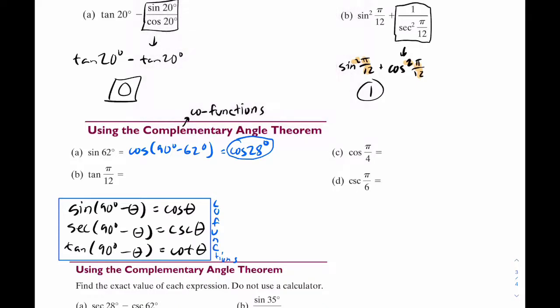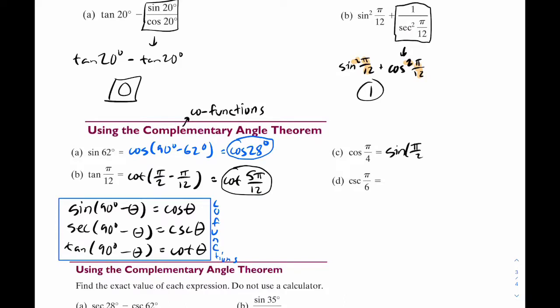The next one, tan. The cofunction for tan is cotan. And instead of 90, we're going to use pi over 2 because we're in radians. So just do pi over 2 minus pi over 12. That is 5 pi over 12. Next part, cosine. We change that to sine.